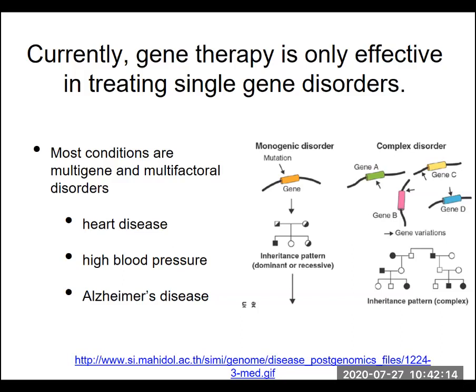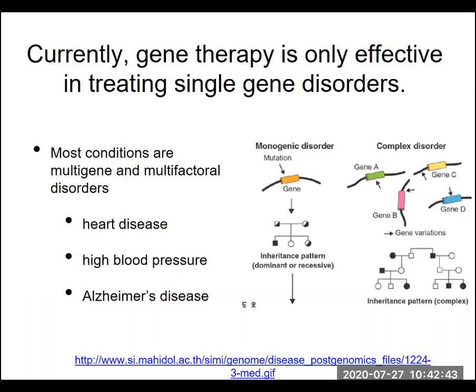The problem is, even though there are a fair number of single gene disorders that have been identified and we're learning more and more about them, most of the big diseases that we worry about, thinking about some of the things we talked about in terms of the most prominent causes of death within the United States, or the examples of debilitating diseases that have an impact on quality of life and families and society.